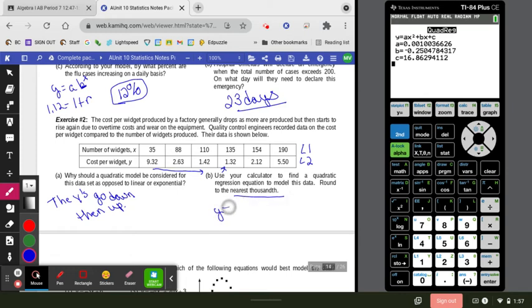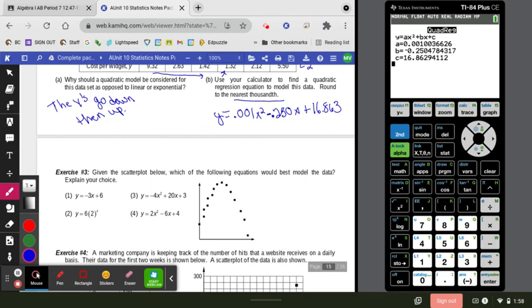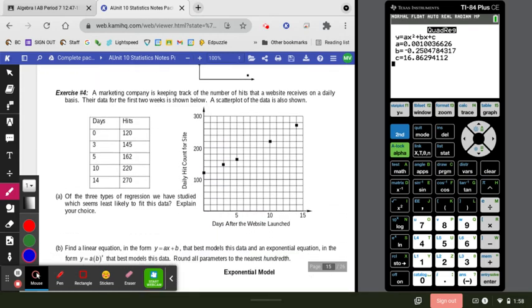So our equation is y equals 0.001 x squared minus 0.250 x plus 16.862 or 863. So we're going to do 3 and 4 tomorrow in class together.